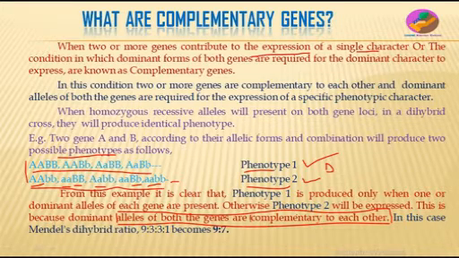This is called complementary. So if dominant alleles of both genes are present, they will give rise to the dominant phenotype. In this case, Mendel's dihybrid ratio becomes 9:7 from 9:3:3:1.